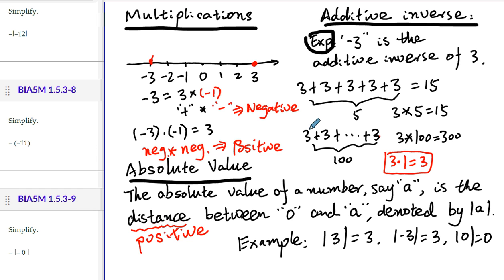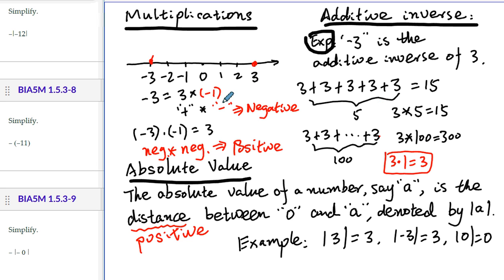If you have a 3 plus 3, twice, right here, 3 plus 3, then it will be 3 times 2, which will give us 6. If we have a 3 plus 3 plus another 3, that will be 3 times 3 is 9. Okay. This is why we need to introduce multiplication.